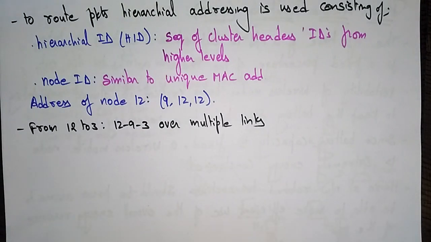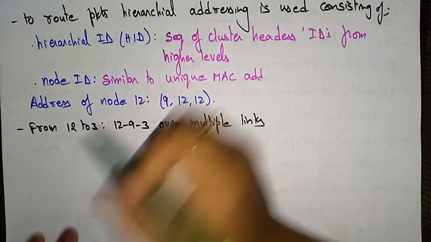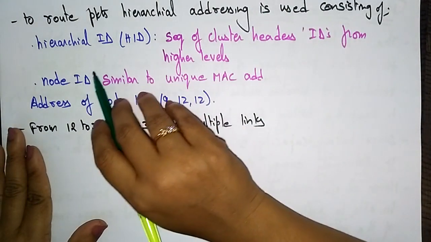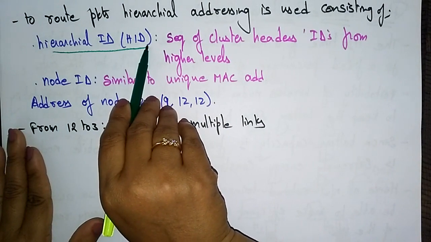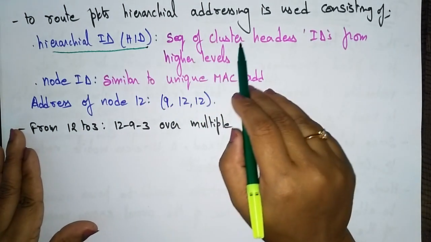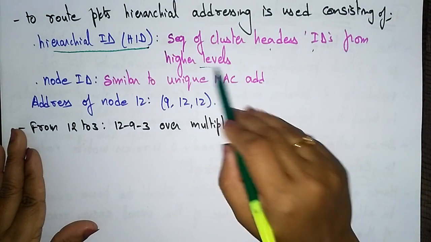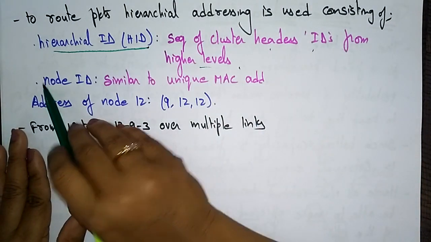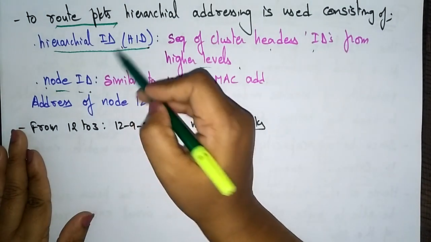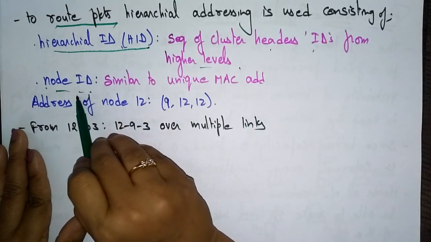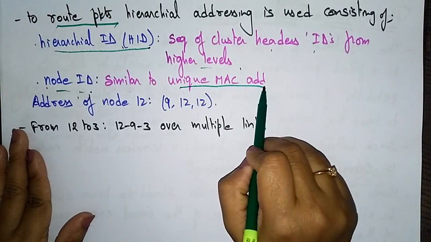To route packets, hierarchical addressing is used. How will the addressing be done? By using the hierarchical ID, or HID, which consists of the sequence of cluster head IDs from higher levels. The packets also hold the node ID. The node ID is similar to a unique MAC address.